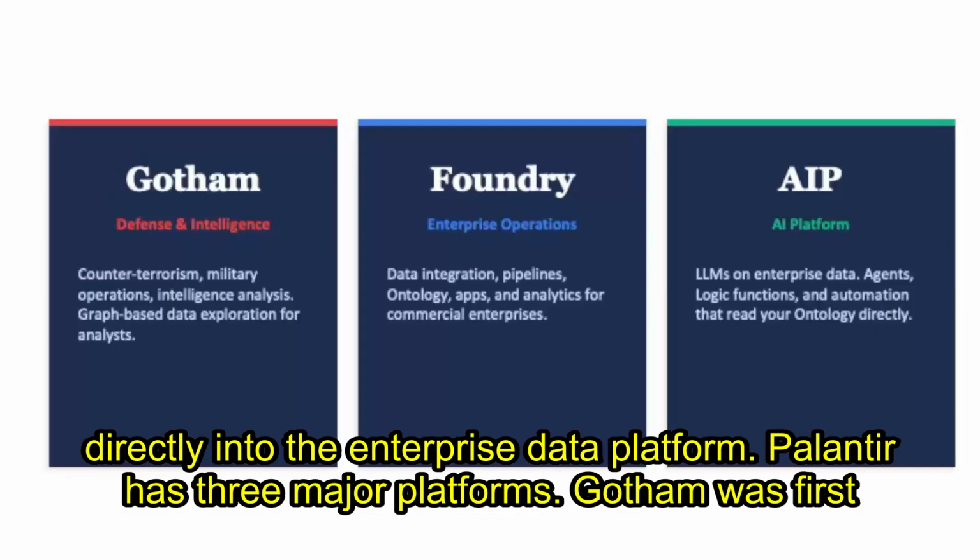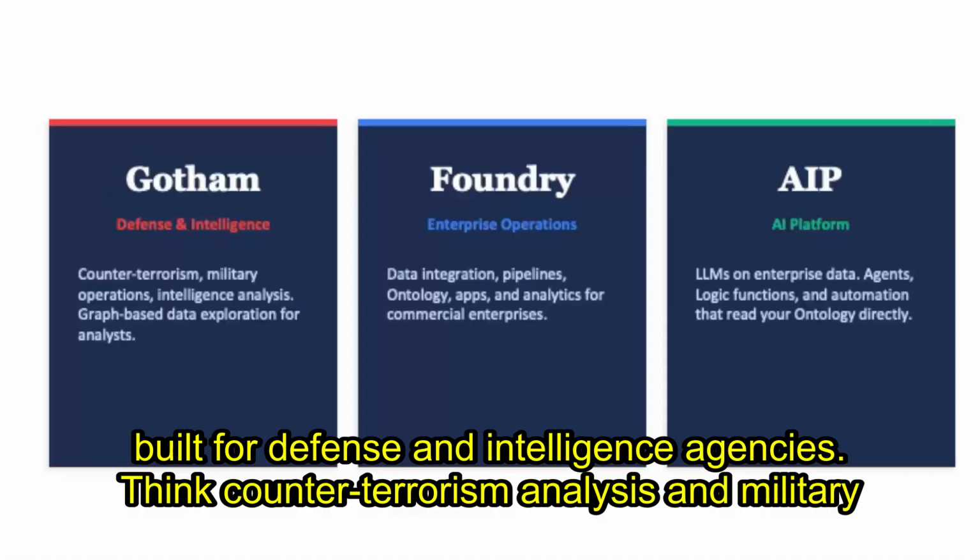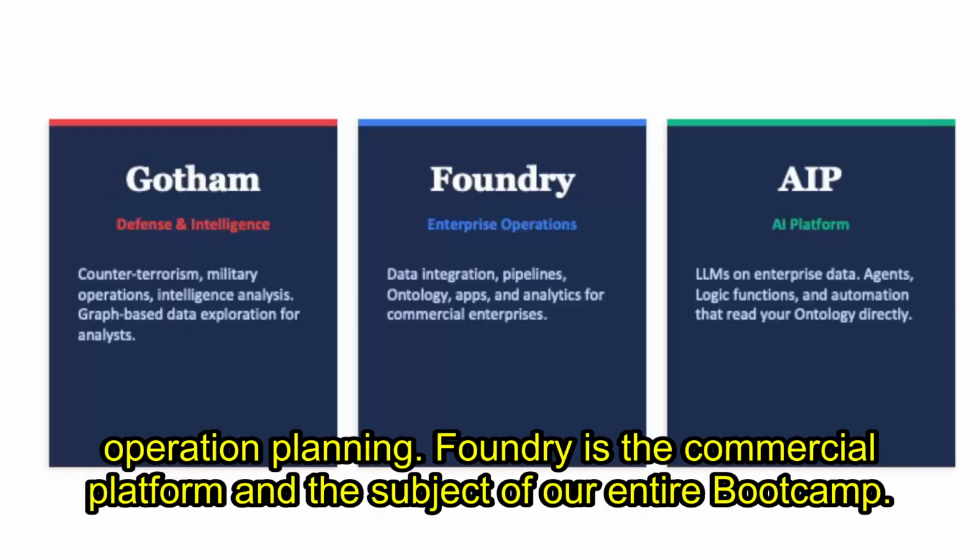Palantir has 3 major platforms. Gotham was first, built for defense and intelligence agencies. Think counterterrorism analysis and military operation planning. Foundry is the commercial platform and the subject of our entire bootcamp.